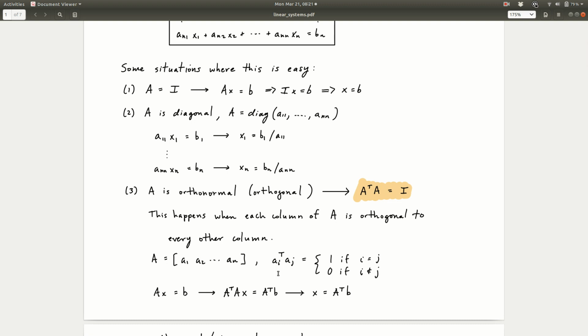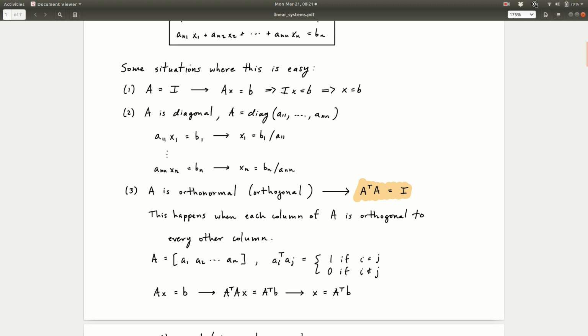And if we were to take the inner product Ai times Aj, in an orthonormal matrix, the inner product is 1 if i equals j, and it's 0 if i is not equal to j. So the zeros are where the orthogonal part comes from, and the 1 is where the normal part of orthonormal comes from, meaning the vectors have length 1.